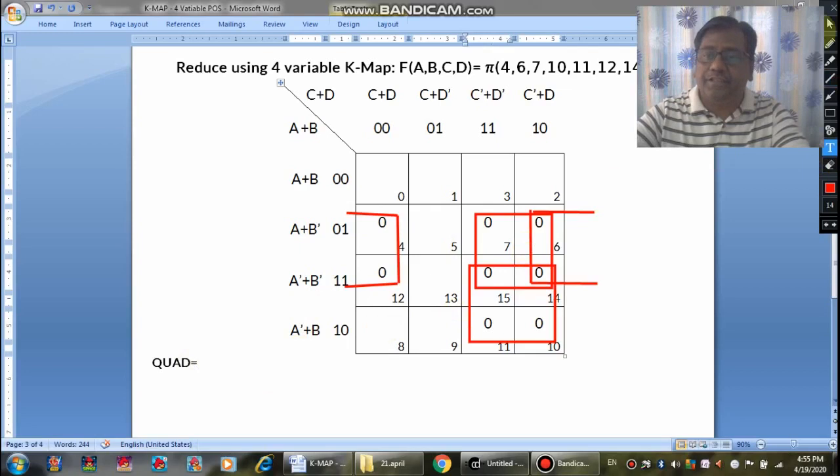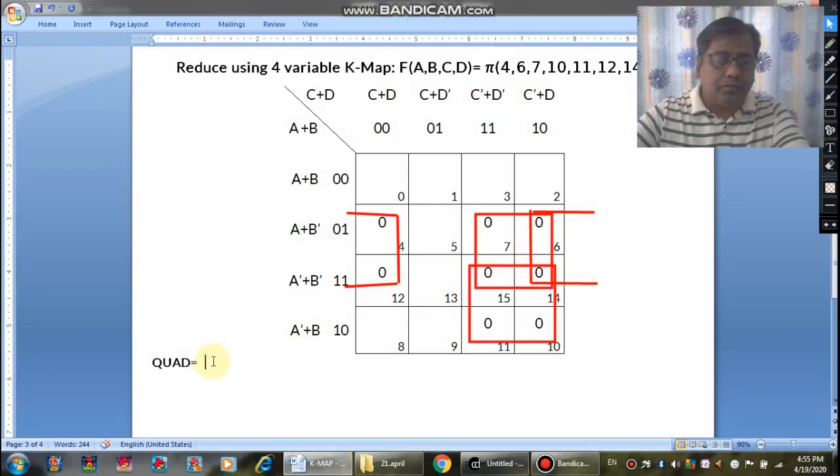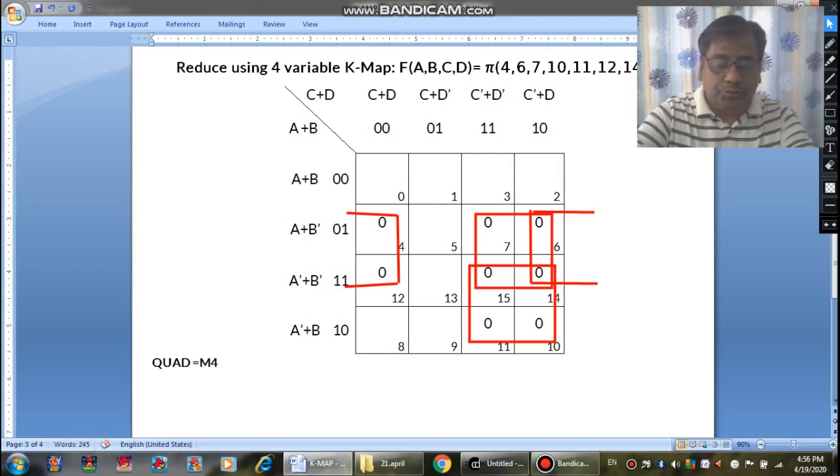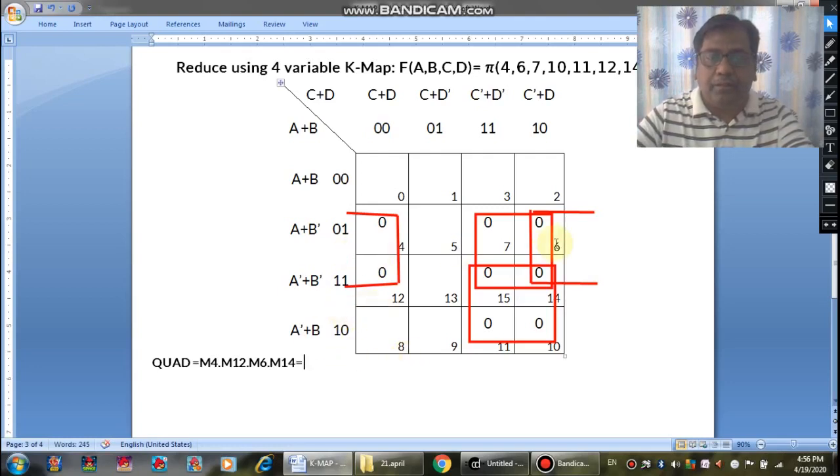We can write it easily over here. Let's say we have taken quad 1 as M4 dot M12 dot M6 dot M14. The result for this will be B bar and D. B bar plus D.